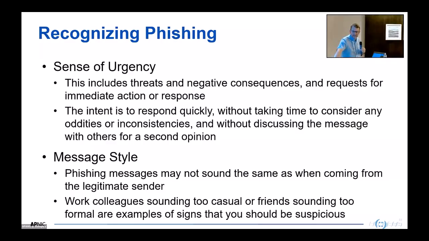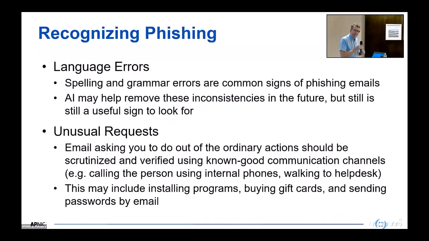Work colleagues that might sound too casual, or friends that sound too formal. What's the difference? Why are they sounding differently here? And could this be a sign that it might be a suspicious message? There might be some languaging errors. There might be spelling and grammar errors. These are common signs of phishing emails.